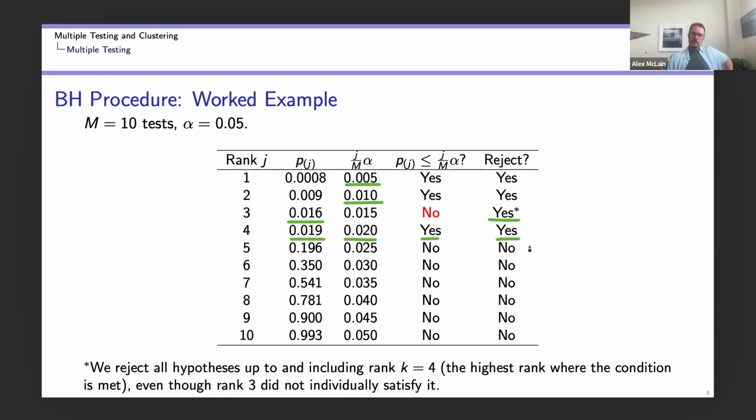And the way the Benjamini-Hochberg procedure works is you choose the largest value that is under the threshold and you reject everything above it. So a particular value can be above the threshold and still get rejected. And then from rank 5 all the way on down, we don't reject.